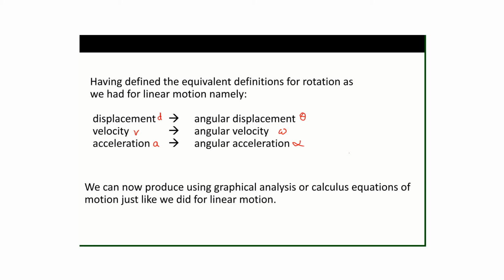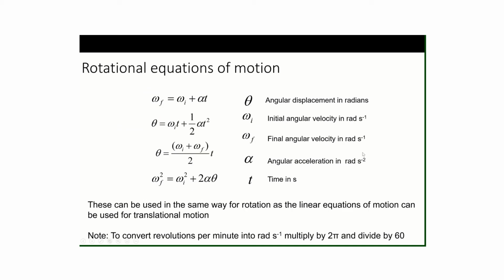So that's what we've done. Having done that, in the same way that we did for linear motion, we can use either graphical analysis or calculus to produce equations of motion for rotation. We don't have to learn how to do that, but we do have to be able to use the equations that are formed. And these are the equations that we've got.